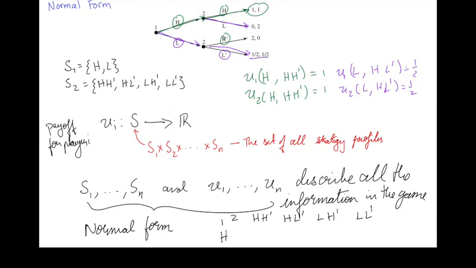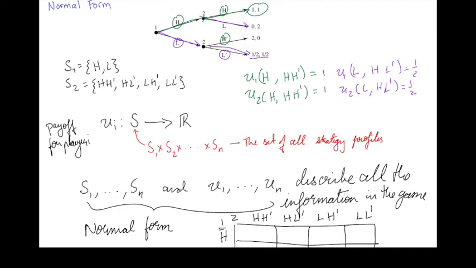So now we can write down a table and we can just fill in the payoffs to the two players. The convention is to write the payoff of the row player, or player 1, first. So player 1 goes first, and then player 2.